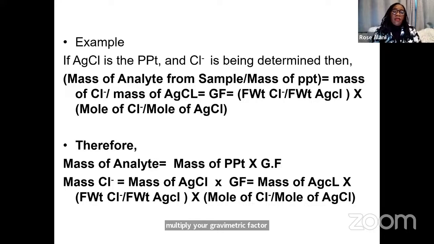Therefore, the mass of analyte is the mass of precipitate multiplied by gravimetric factor. So the mass of chlorine ion is the mass of silver chloride multiplied by gravimetric factor, which is equal to mass of silver chloride times the formula weight of chlorine divided by the formula weight of silver chloride.